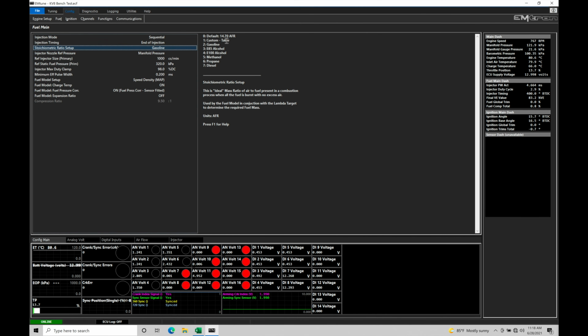Then we have a custom table option that's more for flex fuel based tuning. We have gasoline or pure petrol air fuel. Then number 3 here is E85 alcohol, if we have E85 fuel. Then we have E100 or pure ethanol, methanol, propane, and diesel. Each of these options will establish a different stoichiometric ratio, and it's going to link to whatever we specify in our target lambda table.